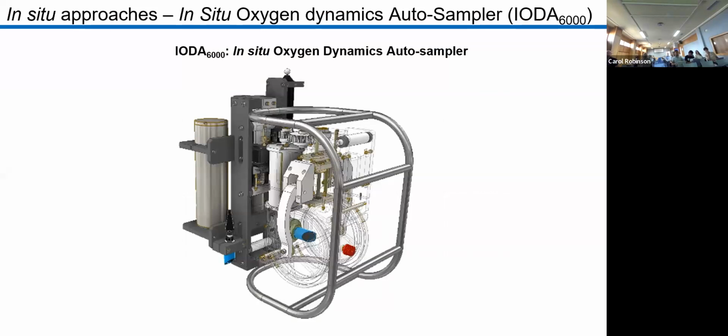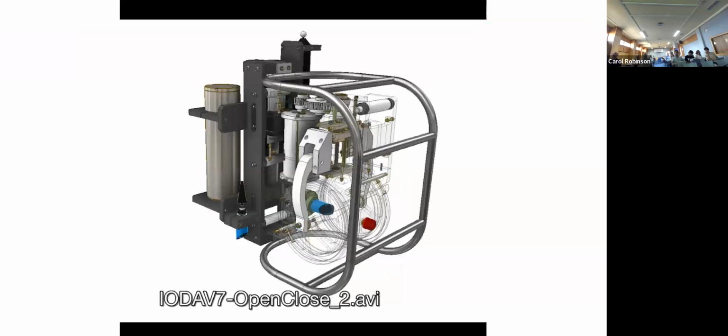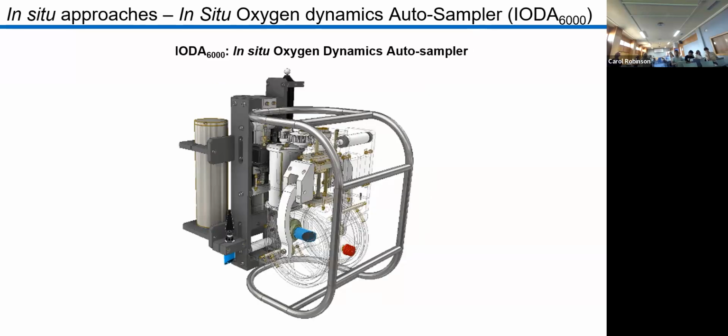Okay, so this little device has different parts. The chamber, 5 liters, is here in borosilicate. The chamber is a cylinder, 5 liters, with 2 flat plates on the sides of the cylinder, with ground glass.